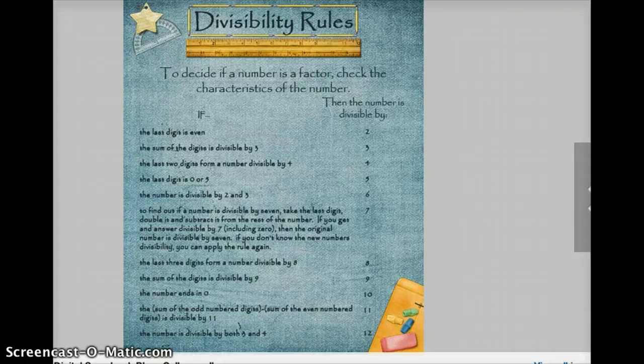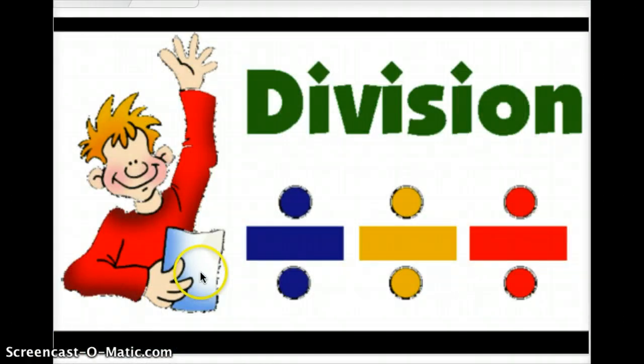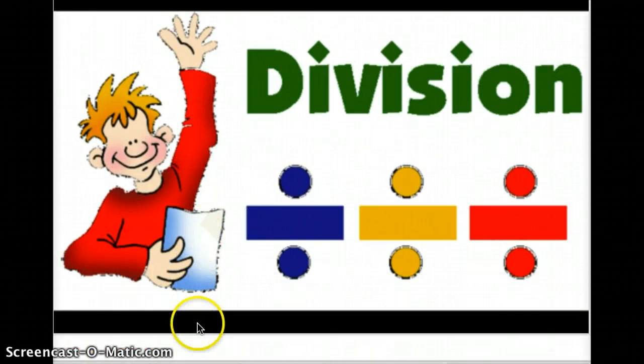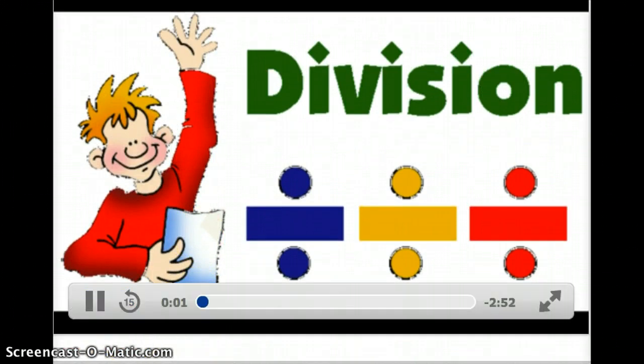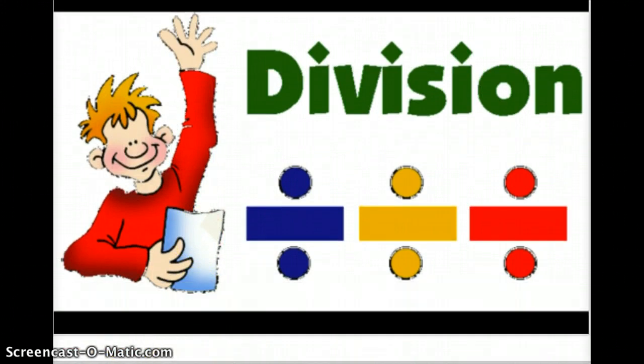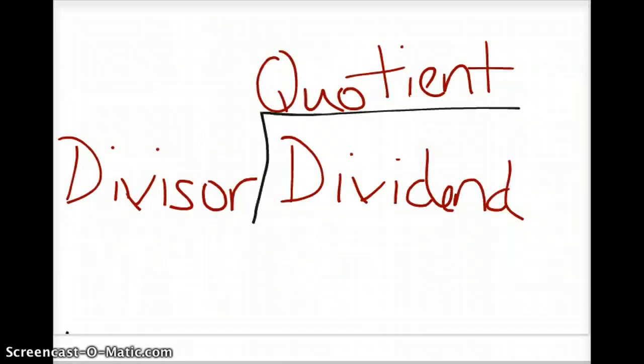Okay, so let's go ahead and look at our lesson on just reviewing dividing by one digit. Today we're going to be looking at division and reviewing our vocabulary and reviewing dividing by a one-digit divisor. So first, let's go over our vocabulary.